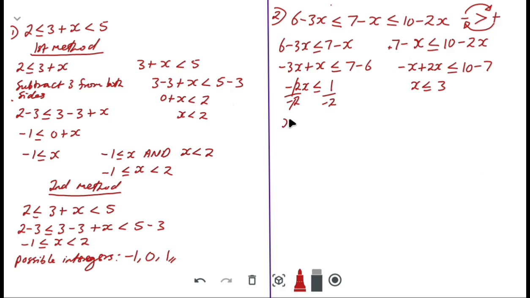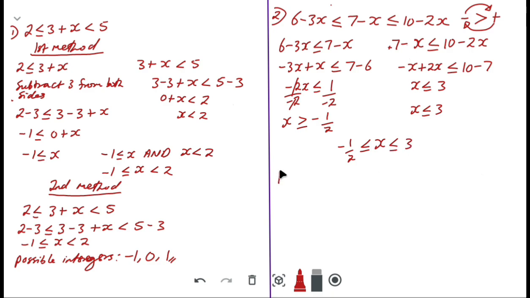So my x now is going to be greater than or equal to minus 1 over 2. And the second solution is x less than or equal to 3. So if we combine these solutions, our x is going to be greater than or equal to minus 1 over 2, and x will be less than or equal to 3.